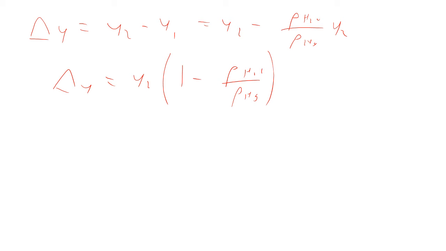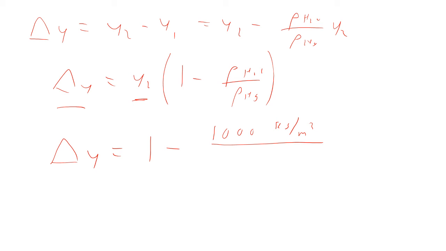So it depends. The delta Y depends on how much water we put in. The more water we put in, the bigger the delta Y is going to be. So it's going to be a percentage of this. So delta Y is going to be 1 minus, and the rho of water, that is 1,000 kilograms per cubic meter.